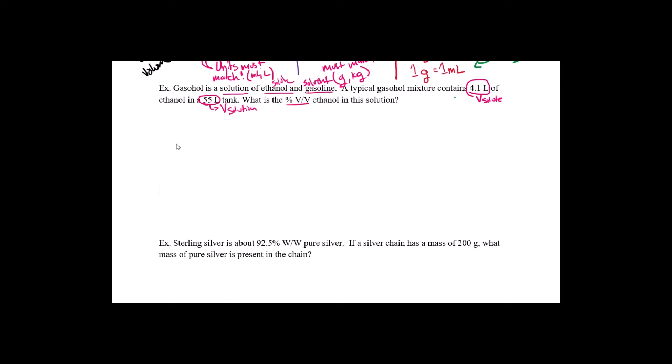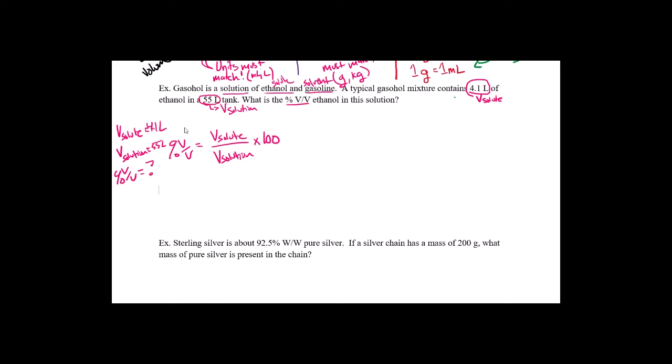So let's go to my formula. The percent by volume is going to equal my V solute divided by my V solution times 100. I know my V solute, which is 4.1 liters. I know my V solution, which is 55 liters, and I'm looking for my percent concentration.